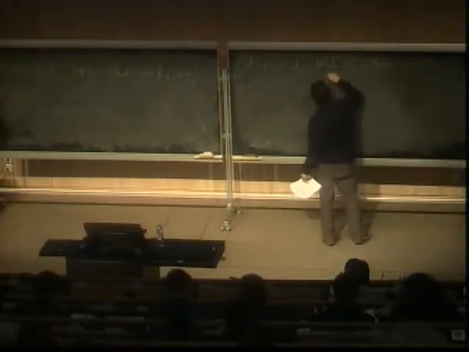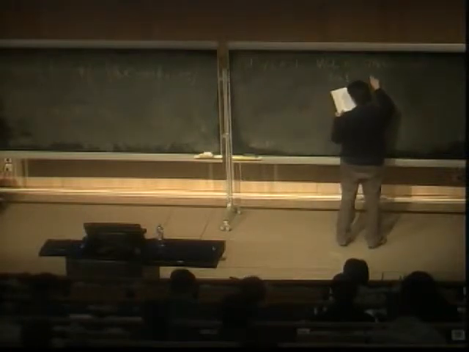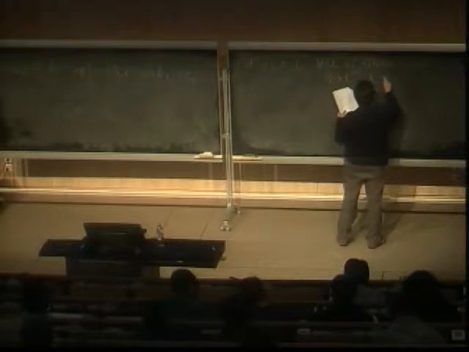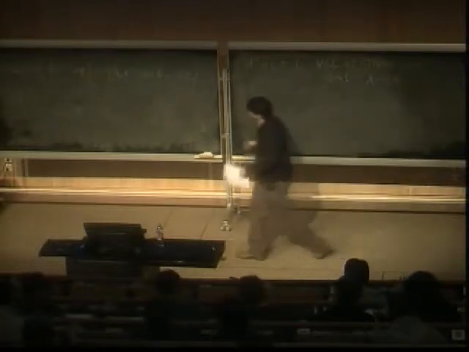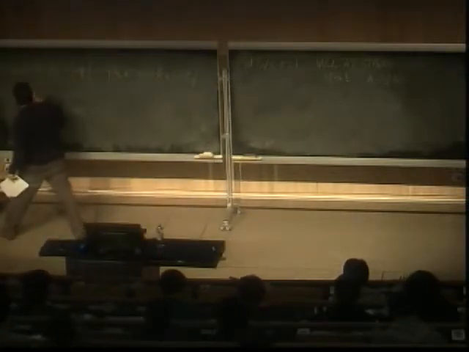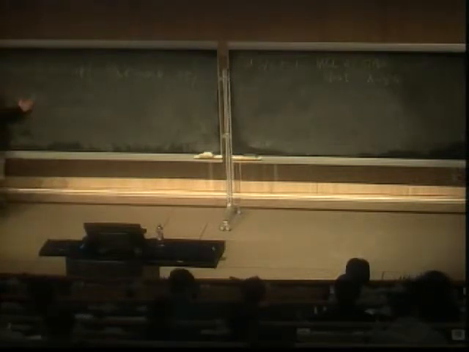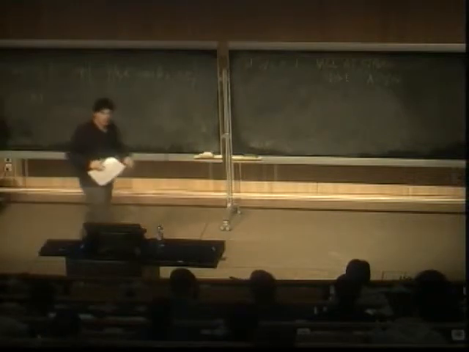Remember that the planar limit was the number of colors very large with this combination called lambda keeping fixed. So basically, in that limit, this Wilson loop will be a function of lambda, and the AdS/CFT duality allows us to compute this omega of lambda for very large values of lambda.